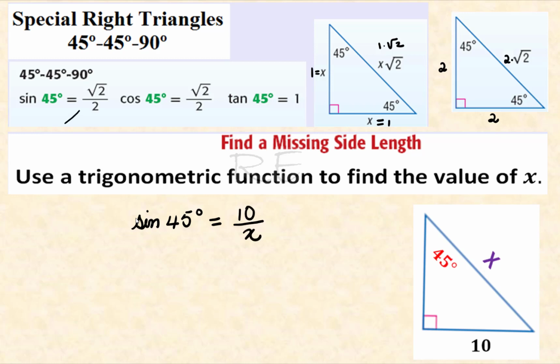Sine 45 is equal to square root of 2 over 2, and square root of 2 over 2 is equal to 10 over x.